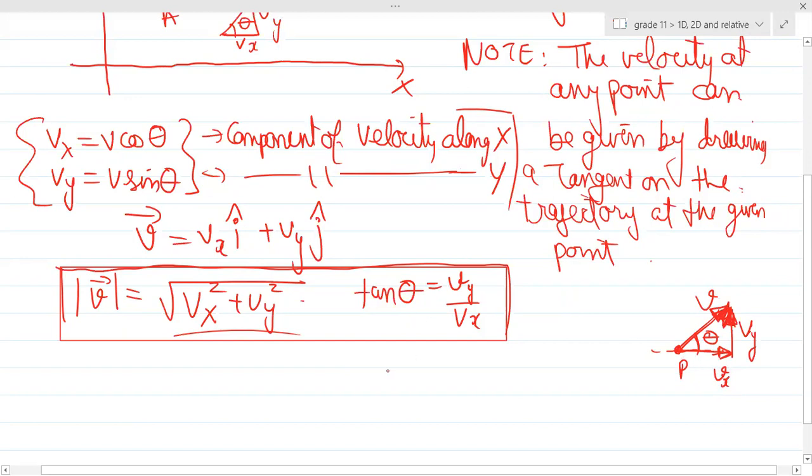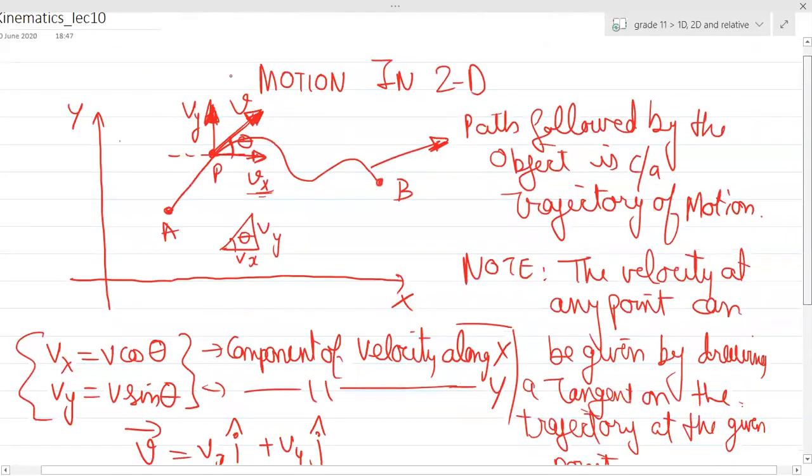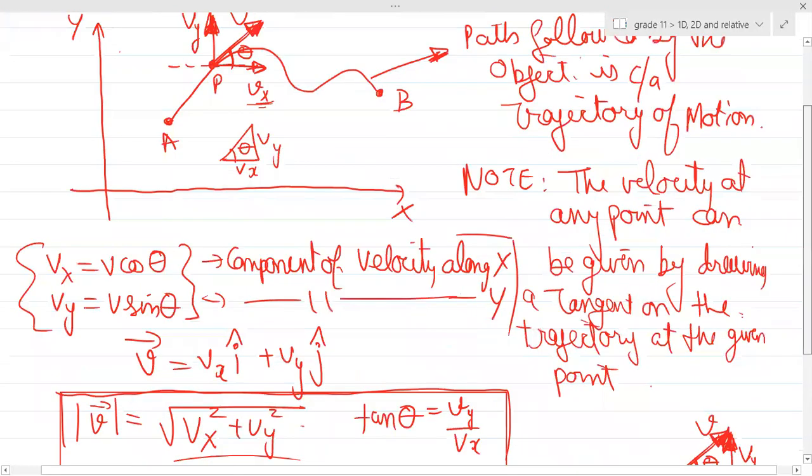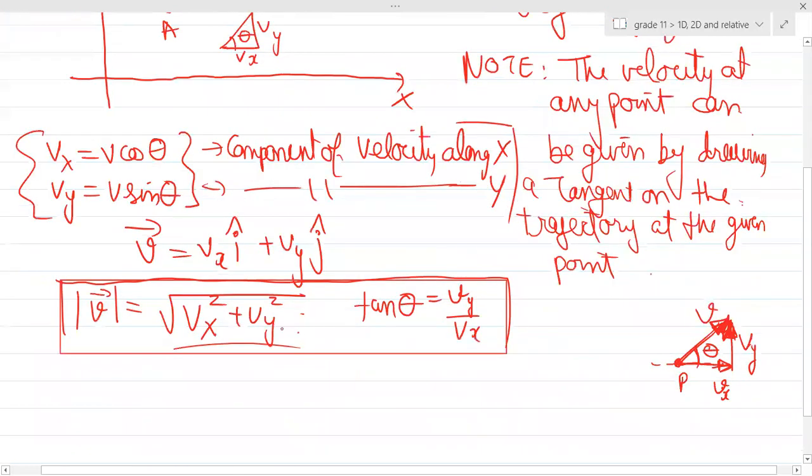In which equation? This equation, Vx square plus Vy square gives you the magnitude. Tan theta will give you the direction of velocity.